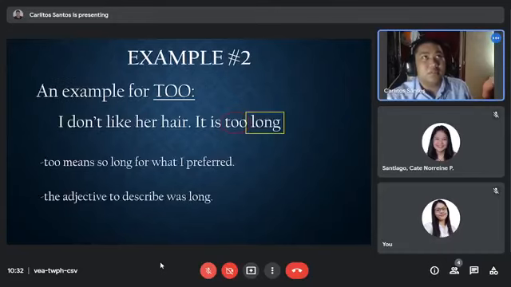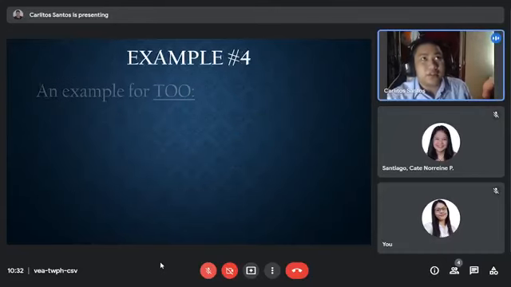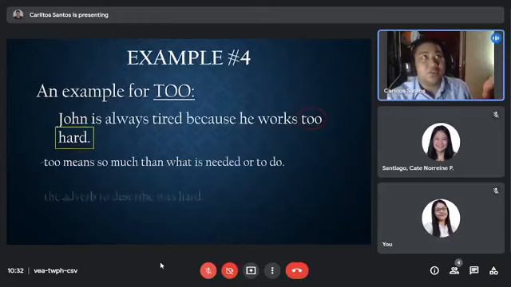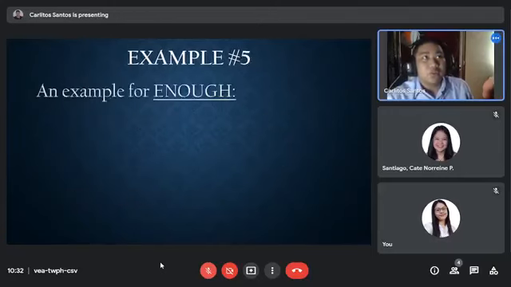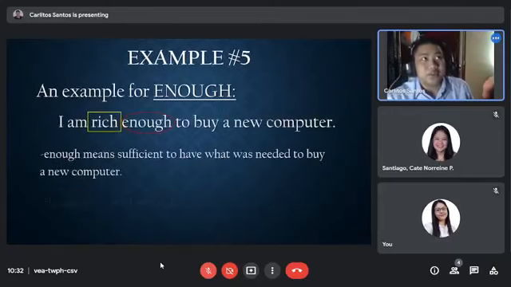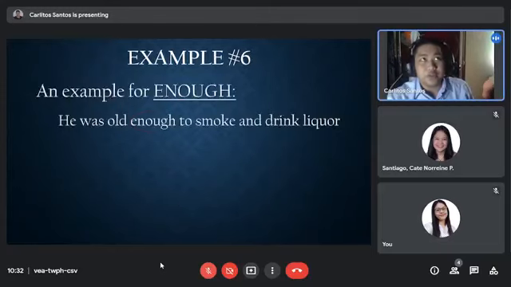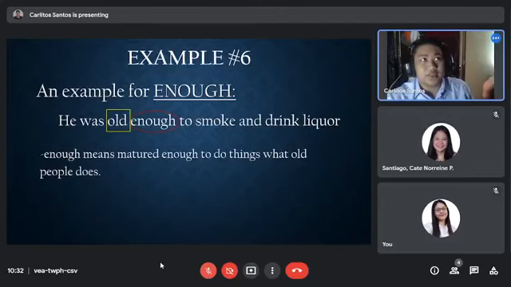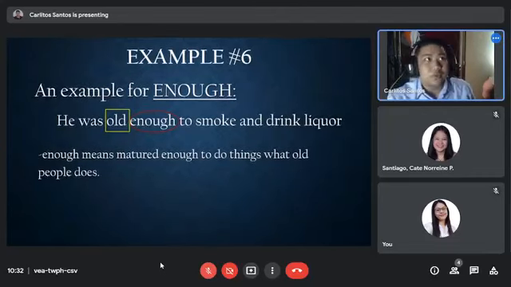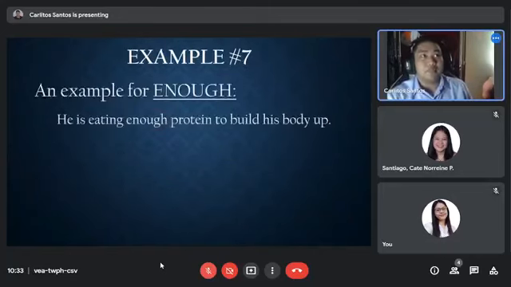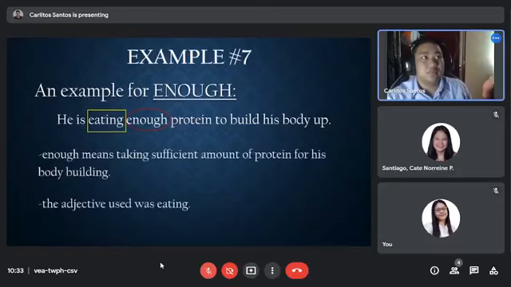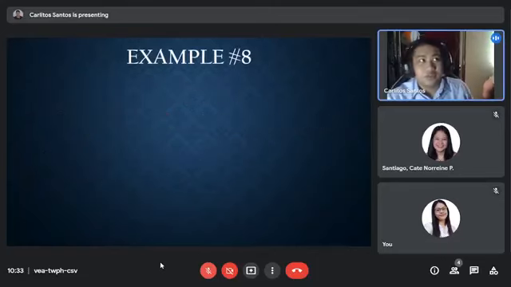I gave eight examples in total using too and enough, and we also talked about how enough can also be used as a substitute for a word or move for a sentence. There were four examples here.